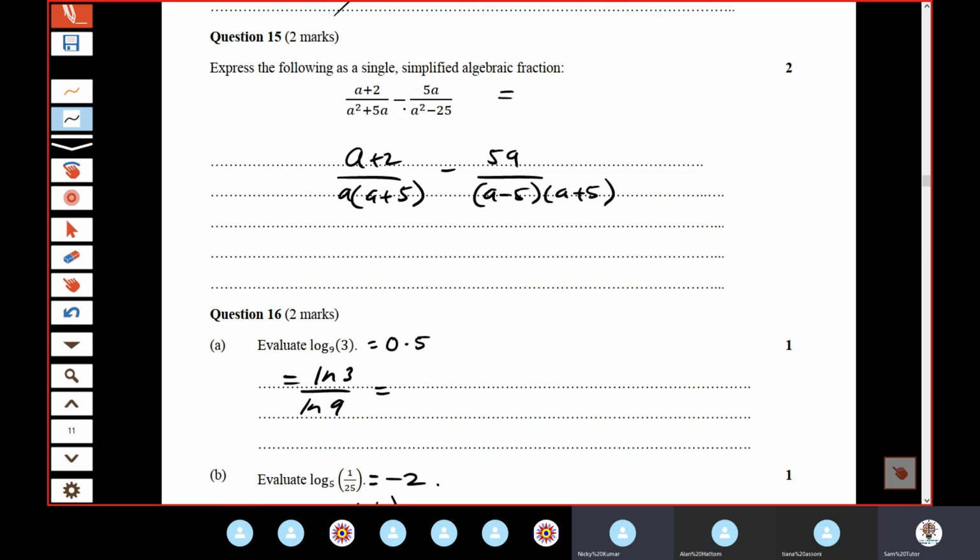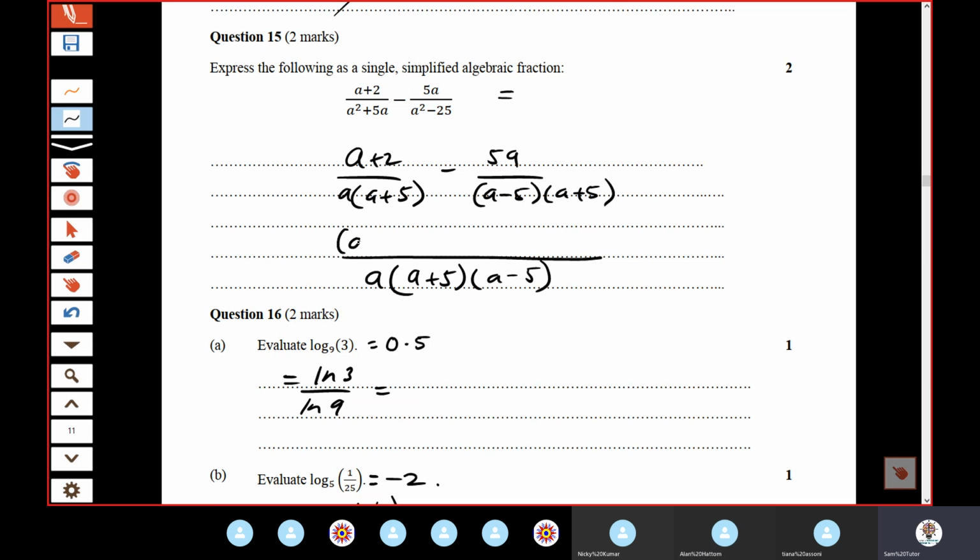Did you realize this was a difference of two squares? Yeah. And then what's your common denominator? So I did A minus 5 and then A plus 1. Yeah, perfect. And then we ask ourselves pretty much what's missing, right? Yeah.